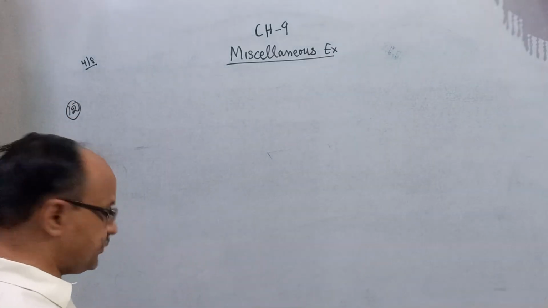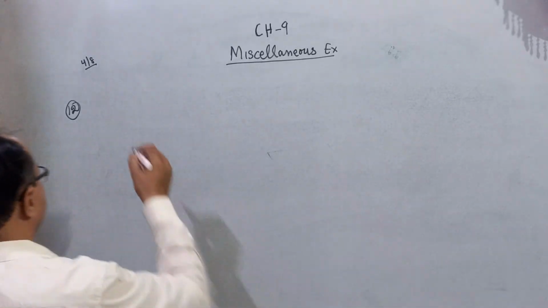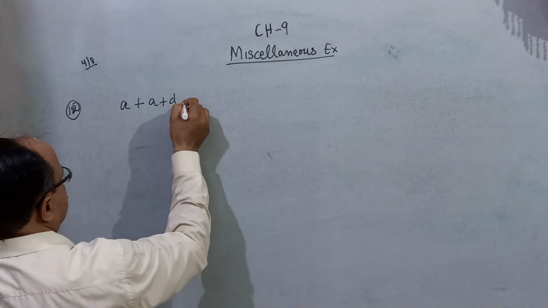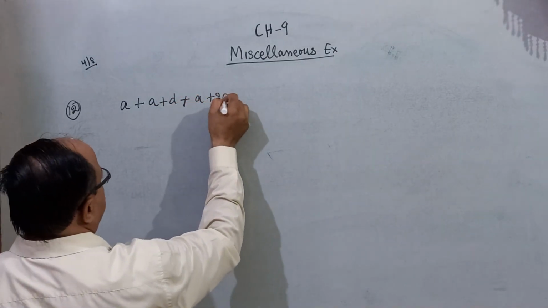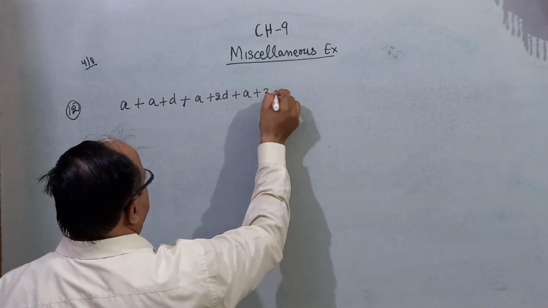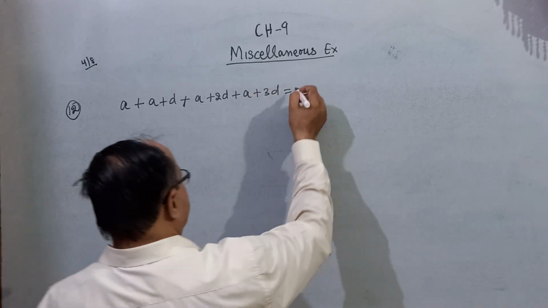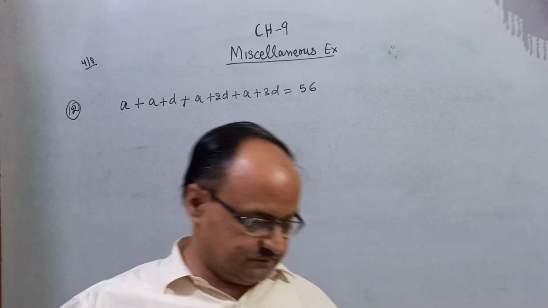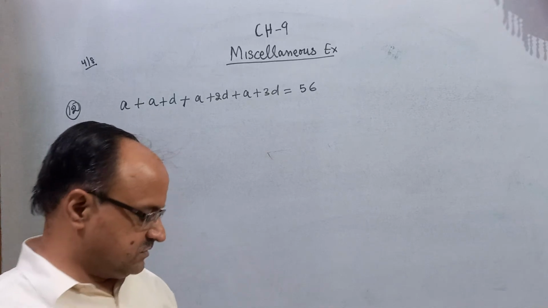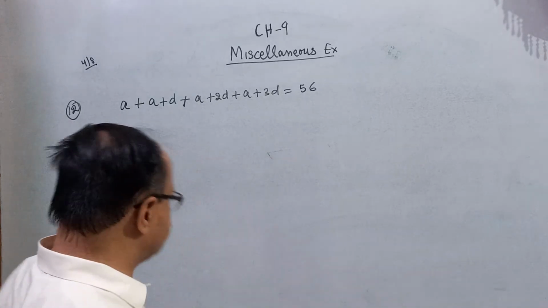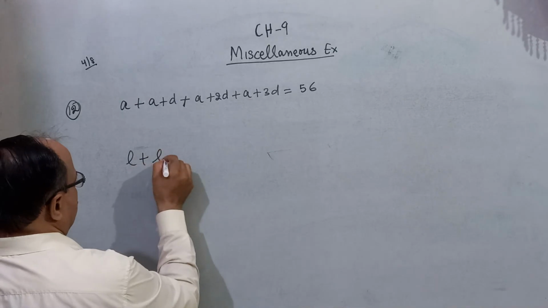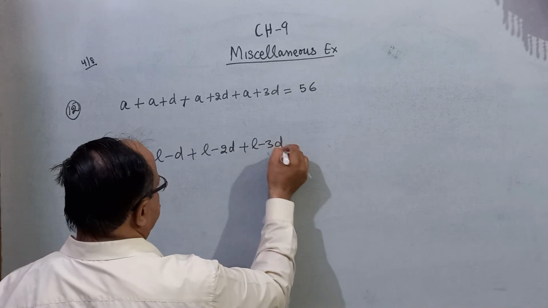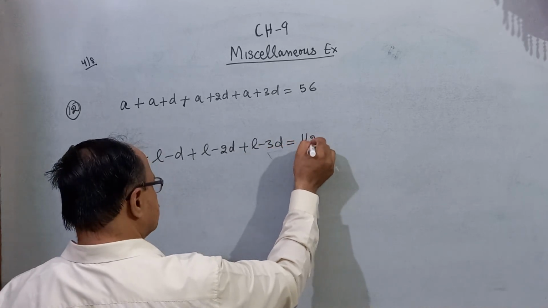The sum of the first 4 terms of an AP, that is A, A plus D, A plus 2D, A plus 3D, is given as 56 in this question. And the sum of the last 4 terms, L, L minus D, L minus 2D, L minus 3D, is 112.